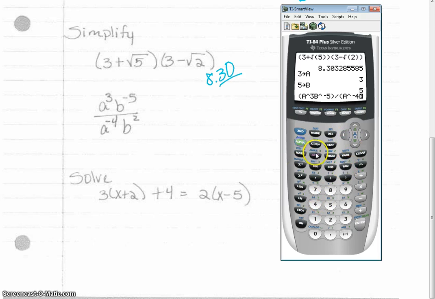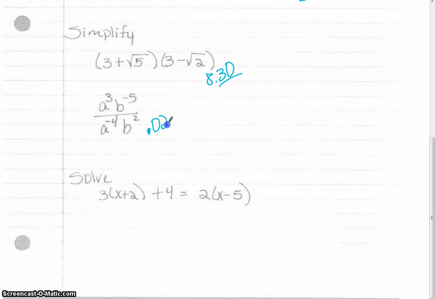And then alpha B, rooftop 2, close parentheses for the bottom, enter, and I have 0.0279, and I'm going to put each answer choice in and see which one gives the same thing.